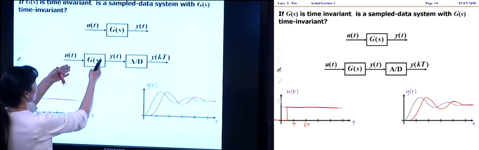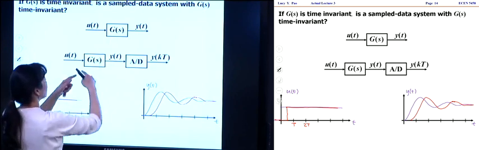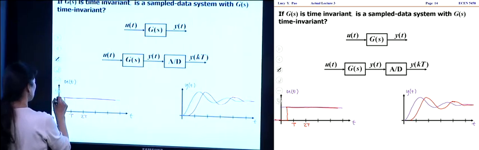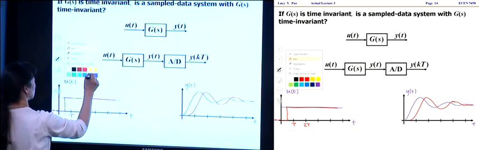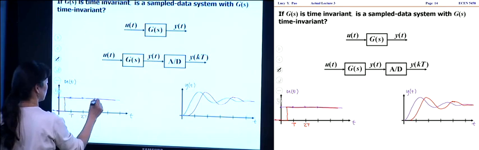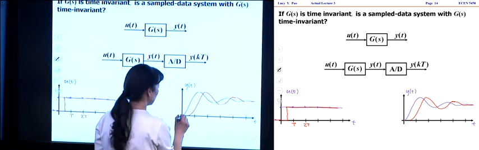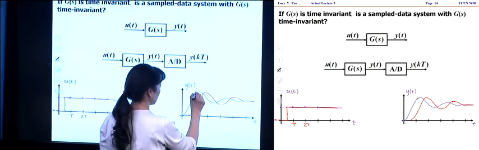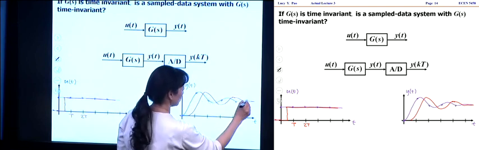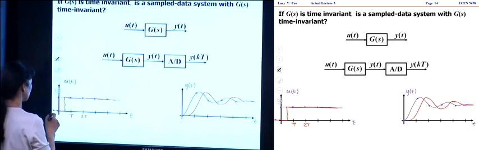Okay, so if G of s is time invariant, now is this sampled system time invariant? No, it's not. Because the samples of the original U and the original Y look already flat there, at least in terms of the samples.